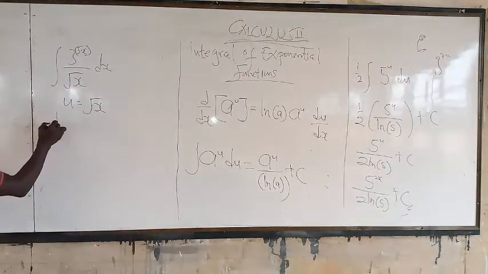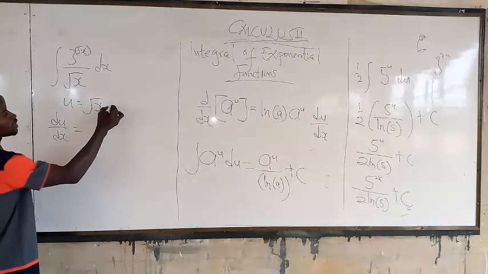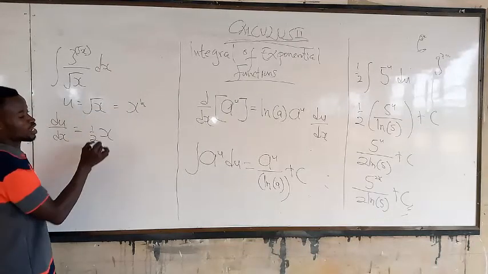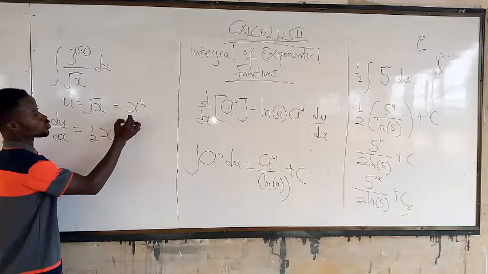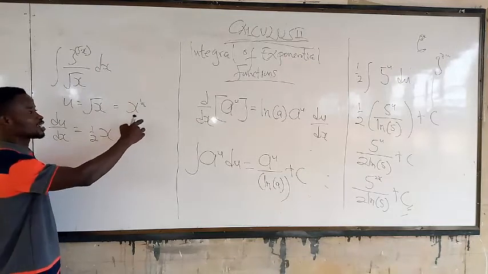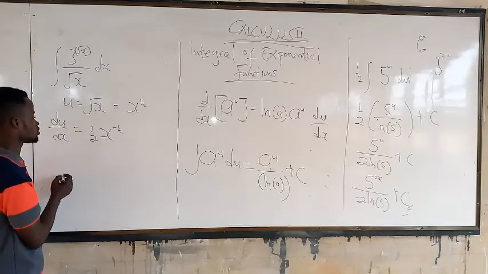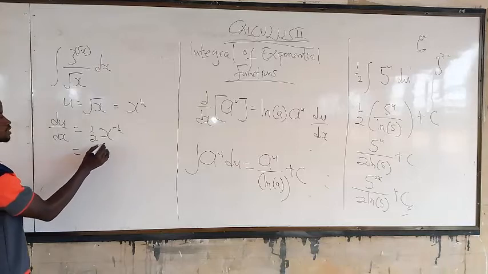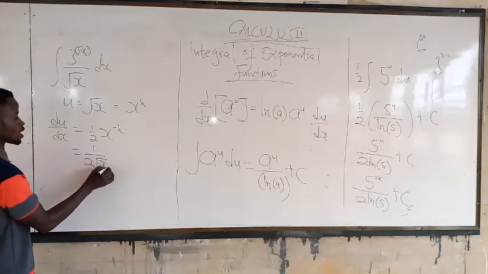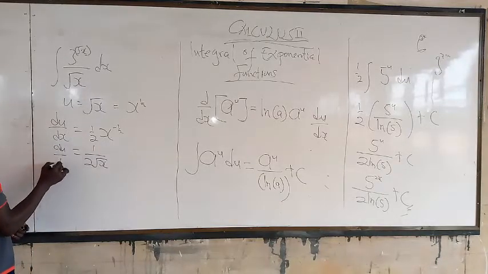So here you get du over ds to be equal to, this is the same as s to the half. So subtract 1 from the power, you get negative half. So simply we get 1 over 2 square root of s. So this is du ds.